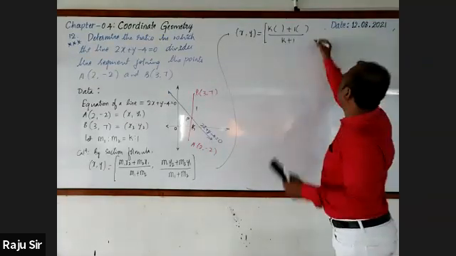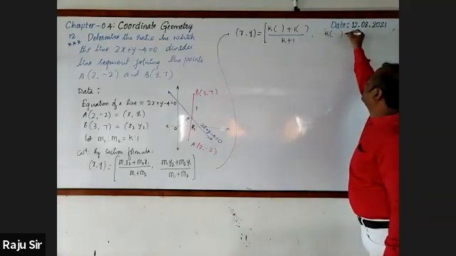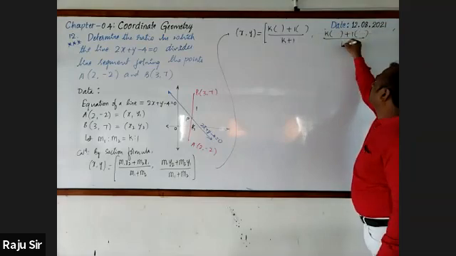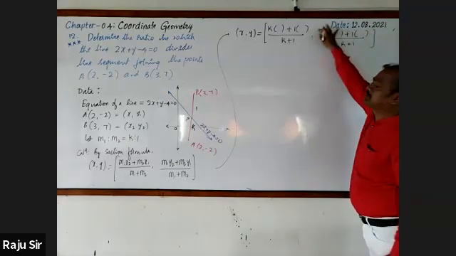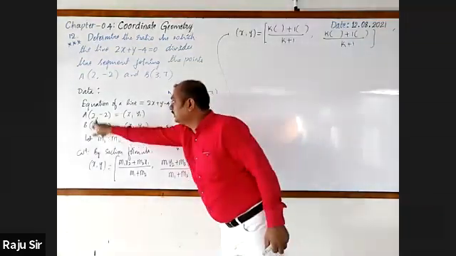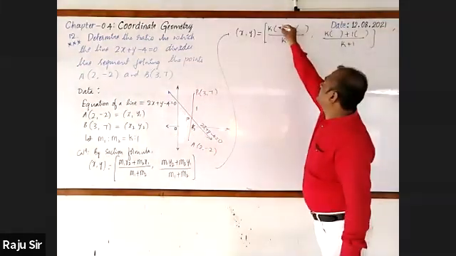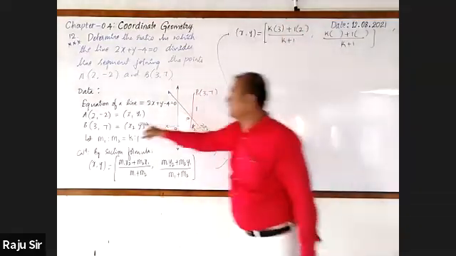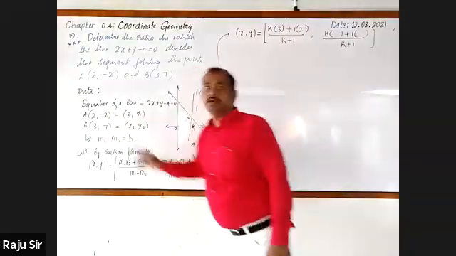Y coordinate is again K into y2 plus 1 into y1 by K plus 1. Then substitute x2, x1: 3 and 2. Next, 7 and minus 2.